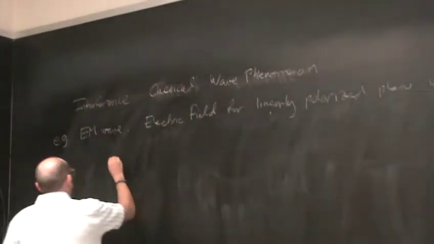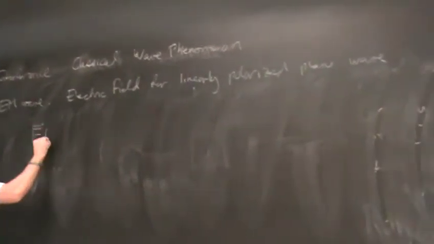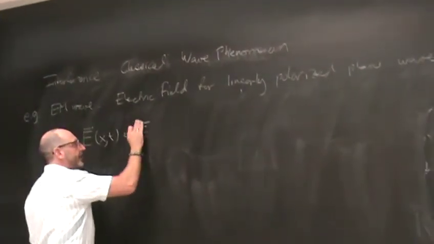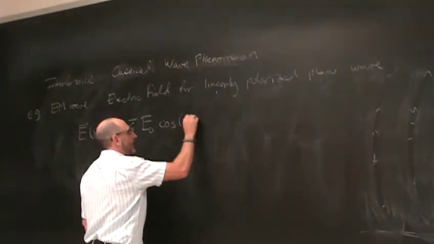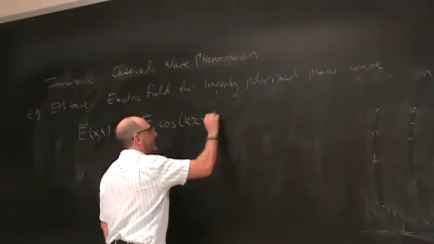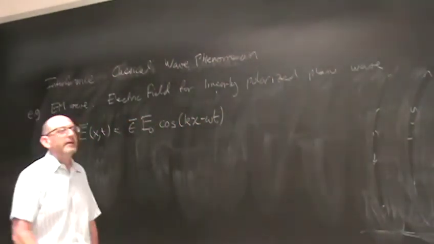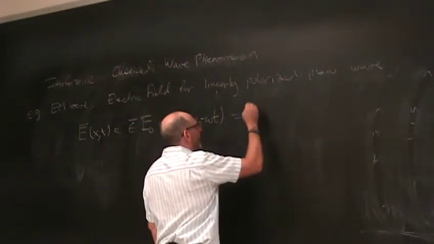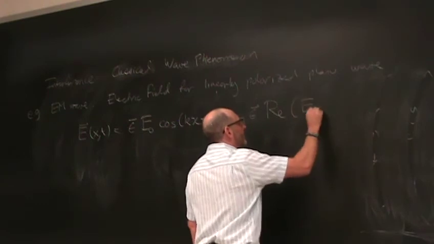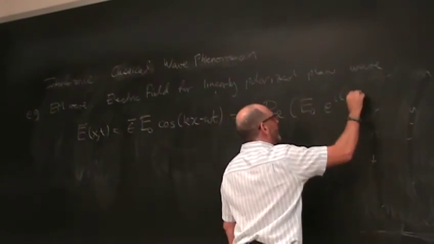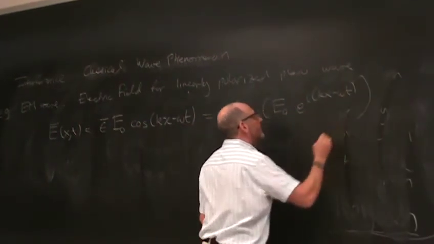So my electric field, say, along some axis as a function of time, has some linear polarization, E naught cosine(kx minus omega t), which we often write as the real part of e to the i(kx minus omega t).